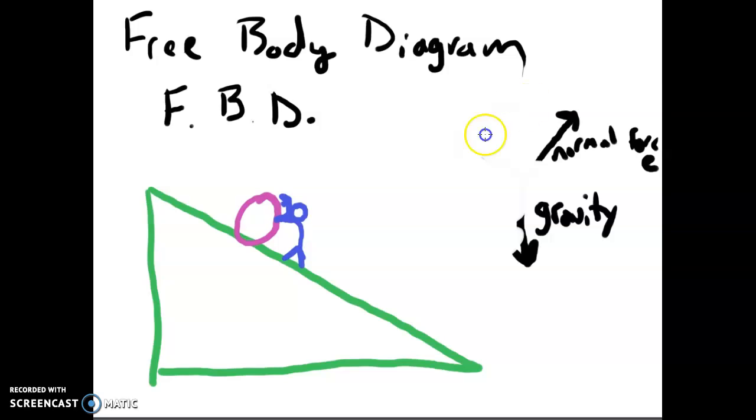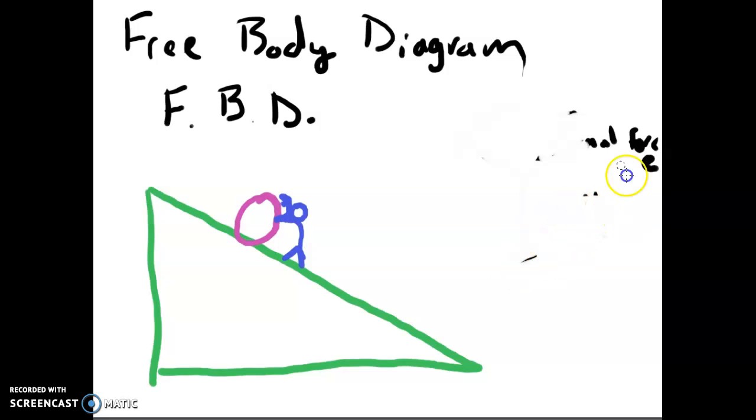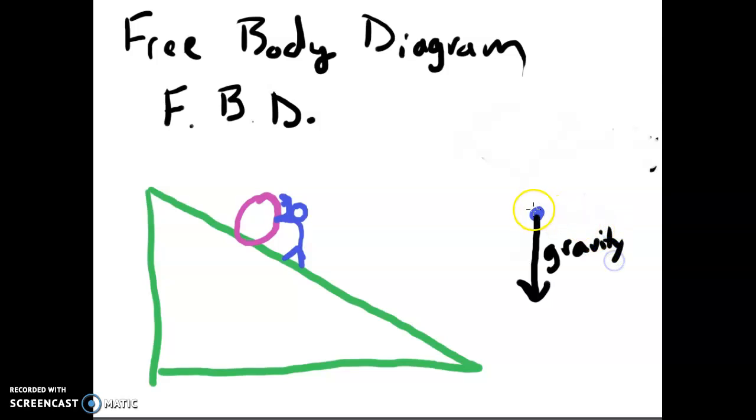Okay. So let's say instead of the free body diagram for the ball, I wanted to do a free body diagram for the person. Well, in this case, I'll draw a blue dot because the person's blue. And then I would draw, well, gravity's still acting on this person, right? So gravity. We've still got normal force.